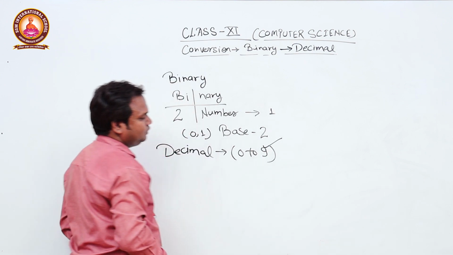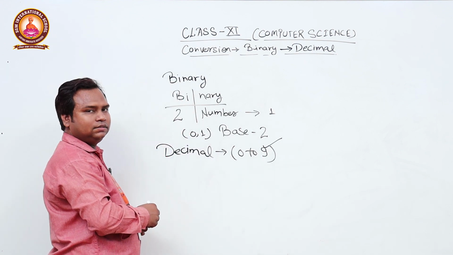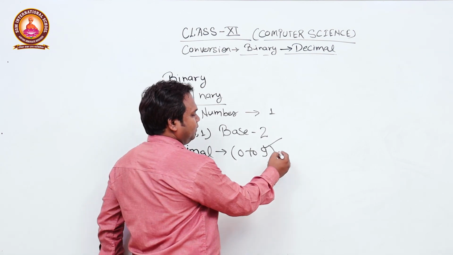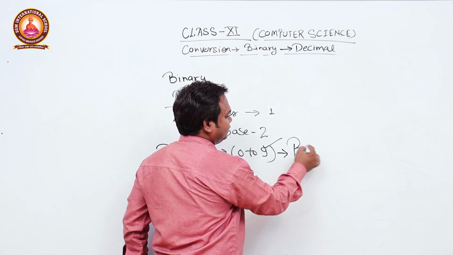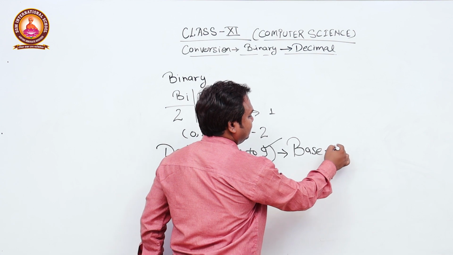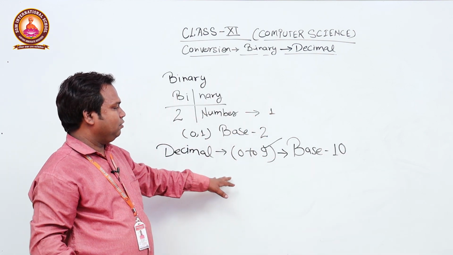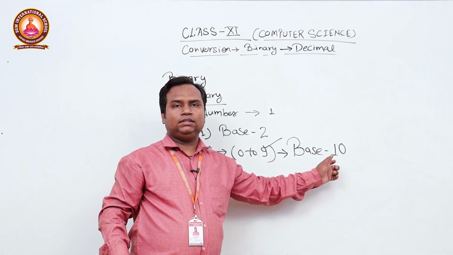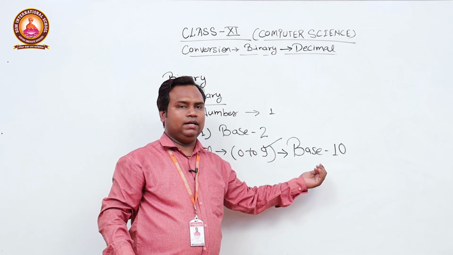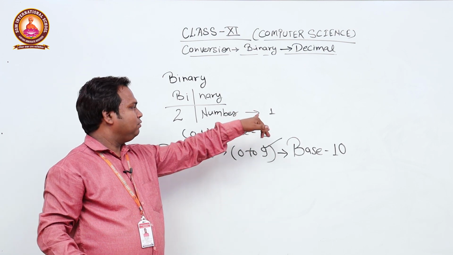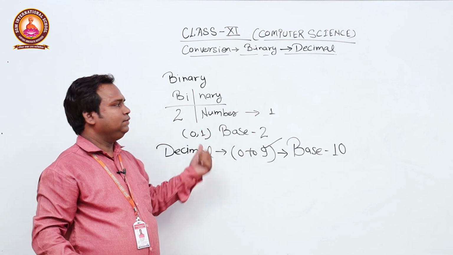This is called a decimal number. Base is 10. The maximum value is found from base minus 1. 10 minus 1 means 9. 2 minus 1 means 1.